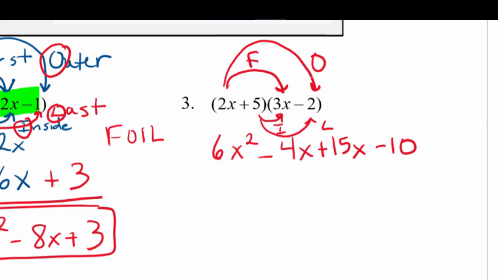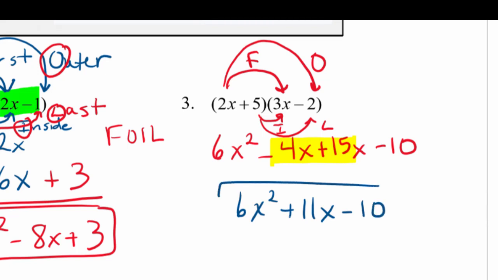And we're going to combine like terms that are in the middle. Those two middle terms are alike. And so then we get 6x squared plus 11x minus 10, which is a quadratic trinomial. And just wanting to get you ready, when we go to graph quadratic functions, they're going to have a parabola as a graph, but just wanting to get you ready. Let's go to number 4.